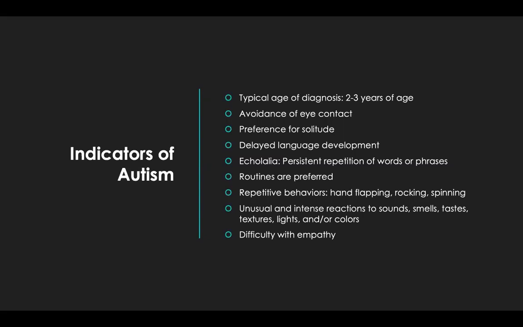So you might see hand flapping, rocking, or spinning, and this has to do a little bit with the sensory needs that they are seeking or avoiding. You might also see unusual and intense reactions to sounds, smells, tastes, textures, lights, and or colors. And occasionally they will have difficulty with displaying empathy.